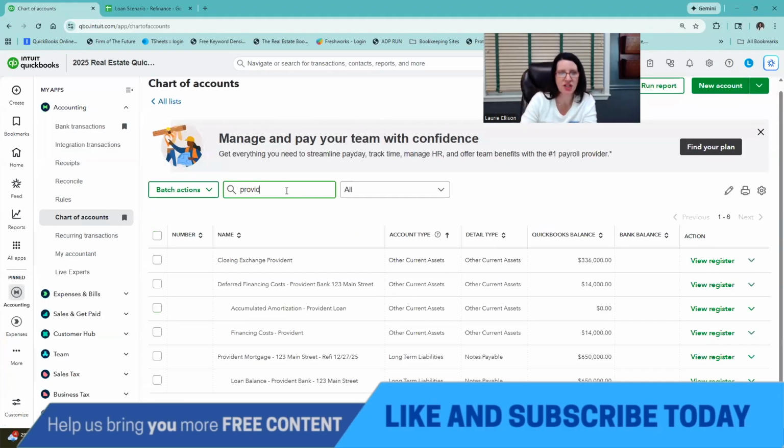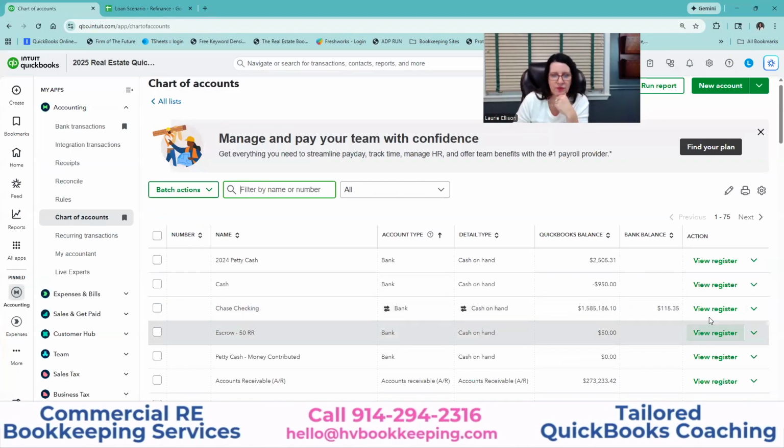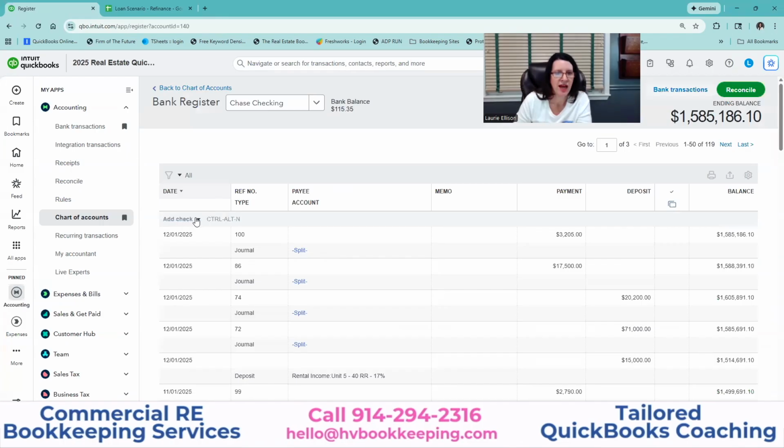So I believe it's a Chase checking. Chase checking. So we're going to add a deposit.